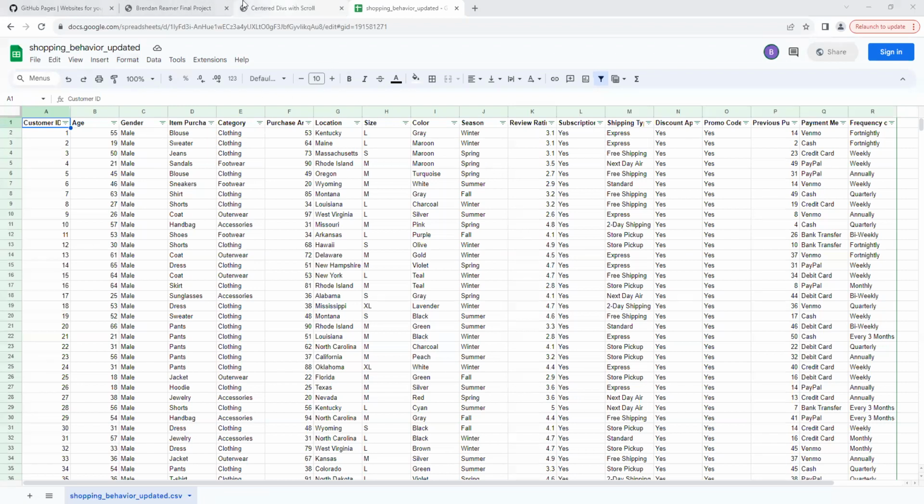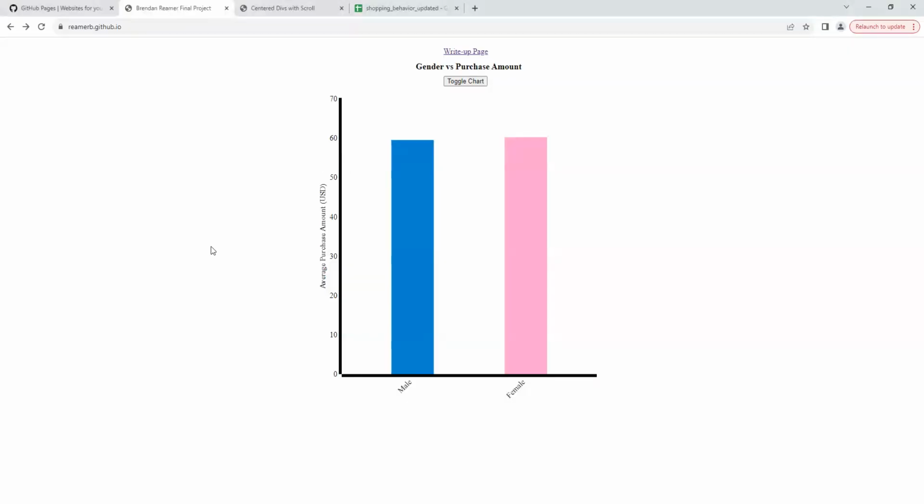As soon as I had this data set, my first immediate thought was, is there some kind of relationship between female spending on average versus male spending on average? And that gave rise to this very simple bar chart.